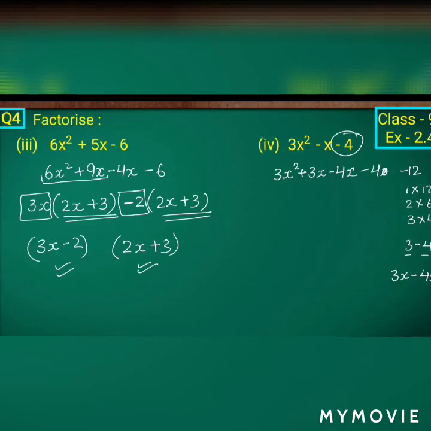So if you observe the first two terms, what is the common term I have? I can take 3x. So if I am taking 3x common, what else will remain? 3x into x will give 3x square. So x. So what will I get here? x plus, already I have taken 3x common. What else will remain? 1, isn't it?